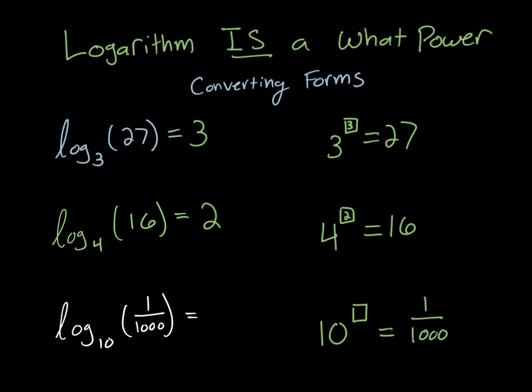So I know it's going to be a negative, and the negative only turns it into a fraction. 10 to the third power is 1,000, so 10 to the negative 3 is 1 over 1,000. So the answer is negative 3.